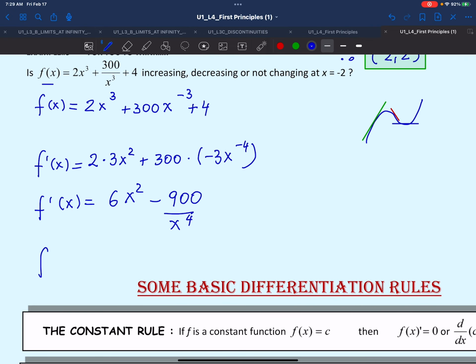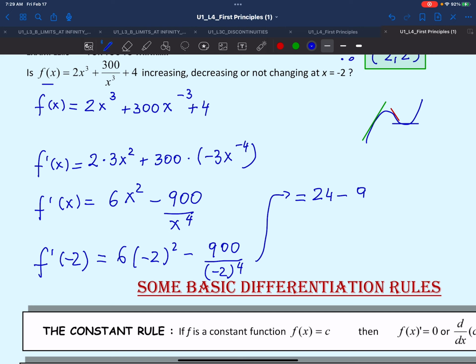So at x equals negative 2, the value of the derivative will be 6 times negative 2 squared minus 900 divided by negative 2 to the power of 4. So that would be equal to 6 times 4, 24, minus 900 divided by 16. Yes, 16. So 24 minus 900 divided by 16 would be equal, in fraction form, to negative 129 over 4.